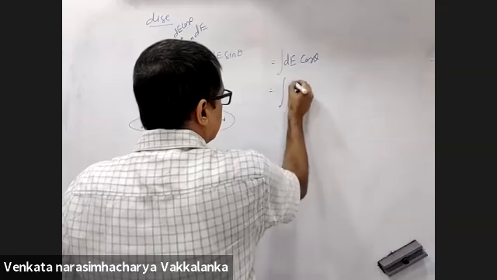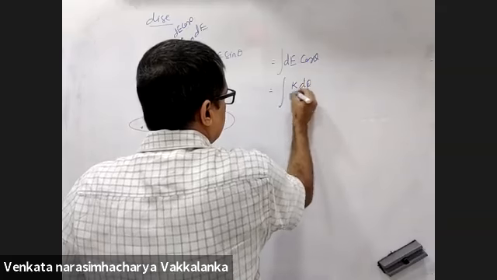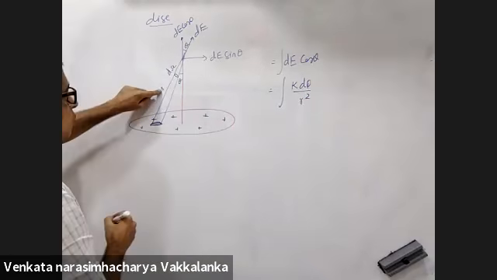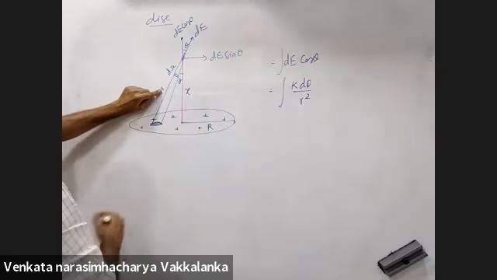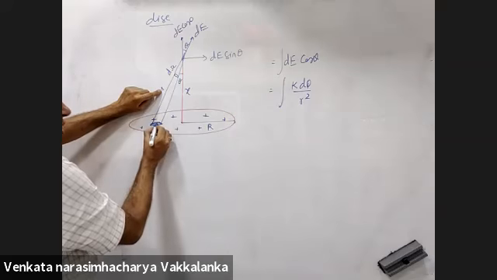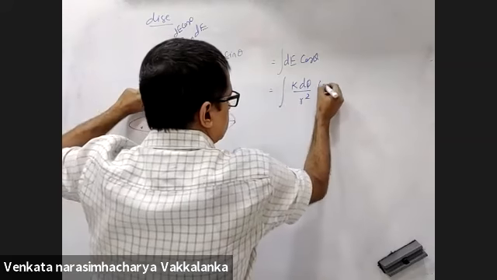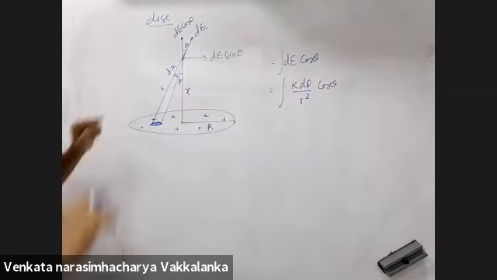dE will be k dq by small r square. Small r is this distance from here. Cos theta. Everybody convinced with this step?